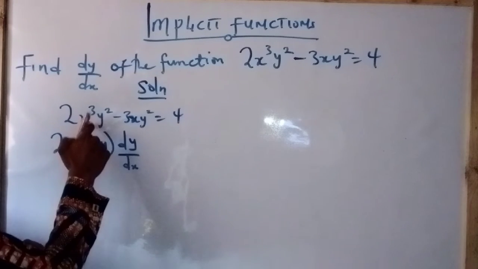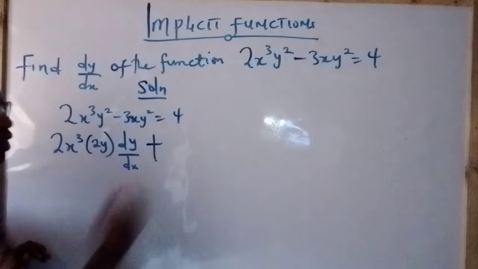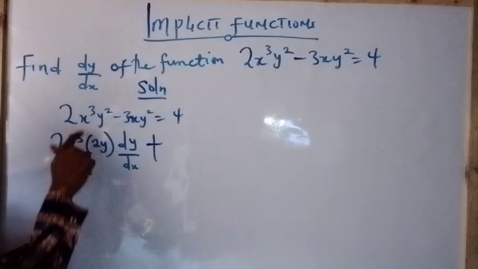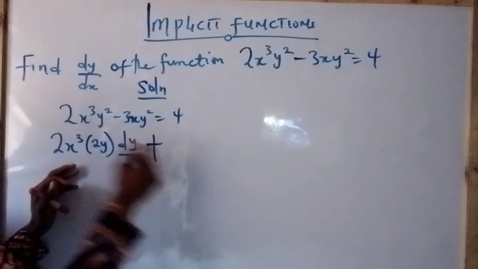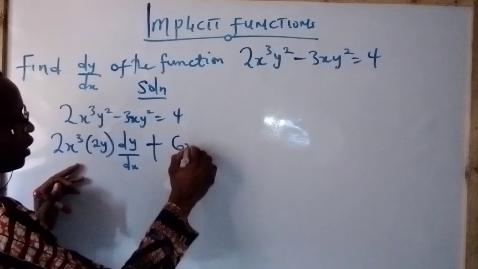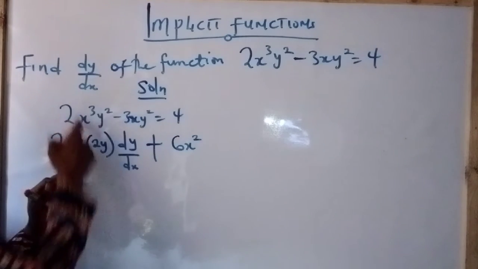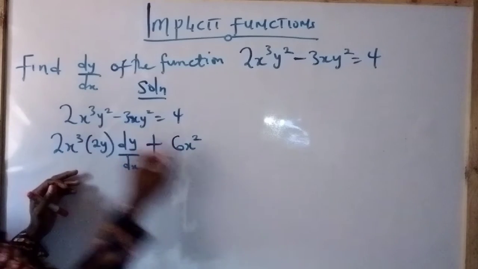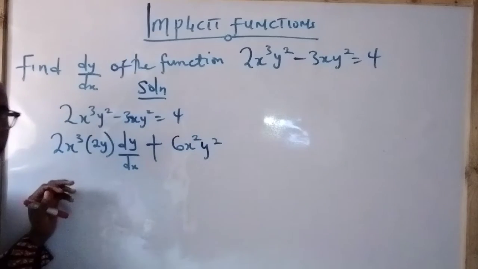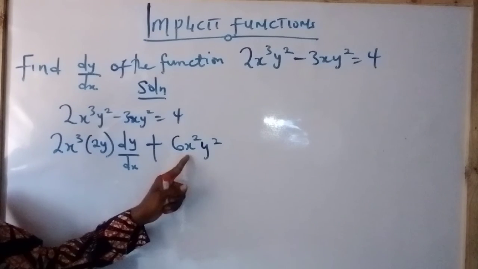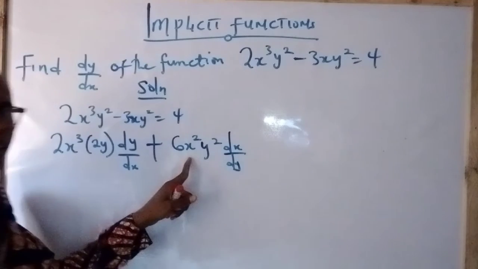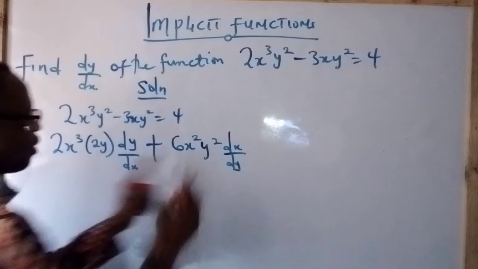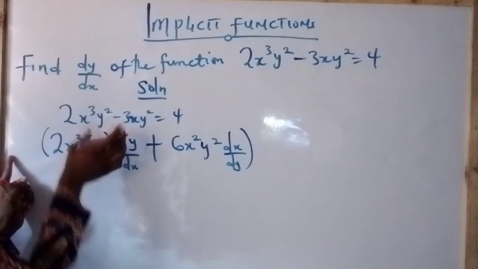Now, still on this same problem, you say plus, that is the product rule formation. You now keep y and differentiate x. If I differentiate x, I'm going to have 6x squared, because 3 times 2 gives 6x squared. Then you keep y squared. Since I differentiated x here, I'm going to have dx/dx. Then I'm done with this section.